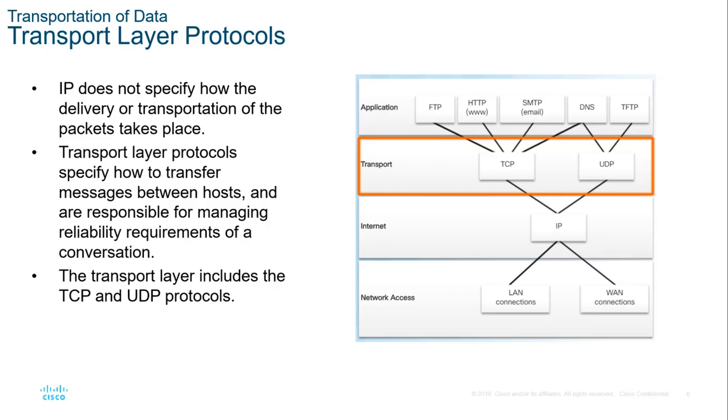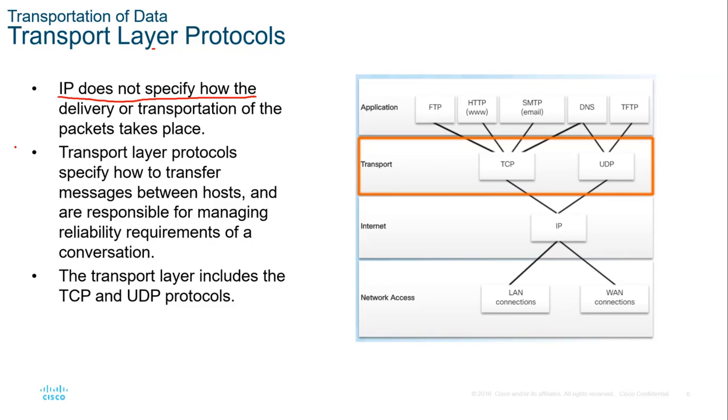So, transport layer protocols. Now we're bringing in IP, but IP is not a transport layer protocol. IP does not specify how to deliver. That is what we saw yesterday, that IP is a connectionless protocol.